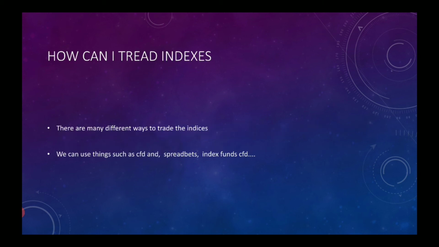So how can you actually trade indexes? There are many different ways. You can't actually trade an index itself, because how are you going to trade a group of companies? But there are ways that you can do this, just not directly through the index. We can use things like index funds that mirror the behavior of the index.